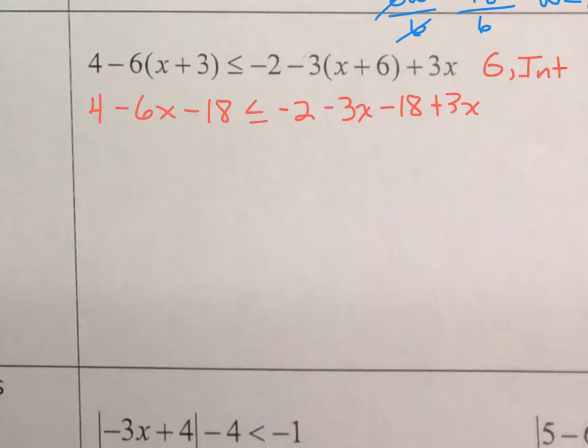Okay, so combine the like terms for me on the left. Brandy, you can work with Aaliyah and tell me what I get. Combining like terms on the left like you told me to.